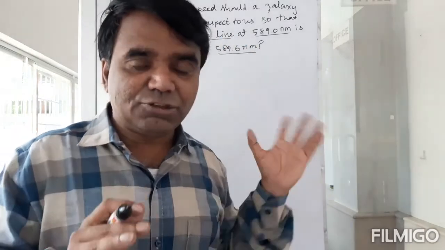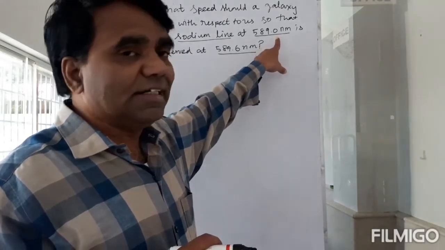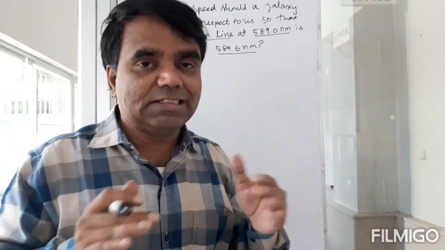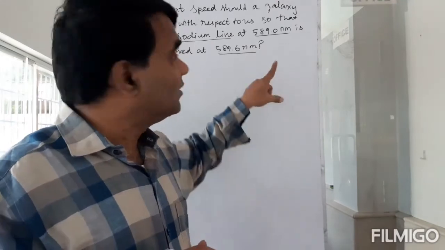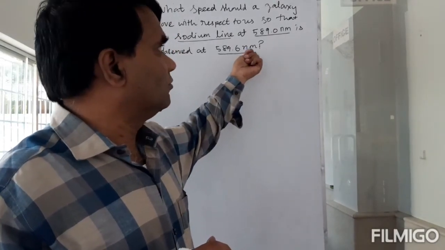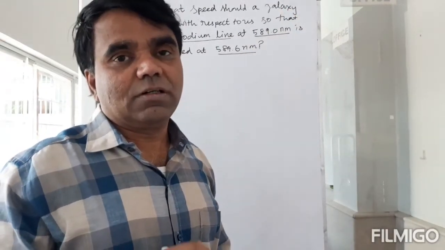Clearly, there is something that you can figure out straight away. The original wavelength is 589, the new wavelength is 589.6. So the wavelength has increased, which means that the frequency has come down. So you have a lower frequency now than what is produced at the source.